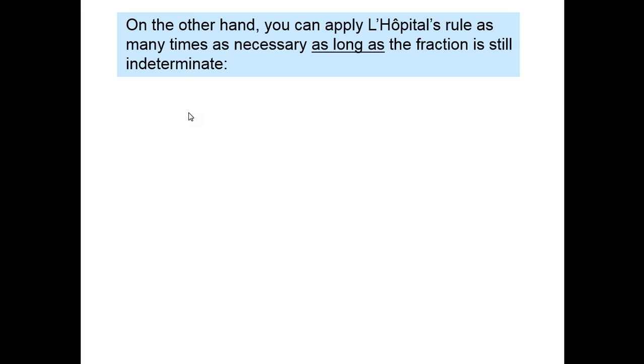On the other hand, you can apply L'Hopital's rule as many times as necessary as long as you're still looking at an indeterminate form. Take a look. We have the limit as x approaches 0 of this crazy expression over x squared. Observe that if you put in 0 for x, in the numerator you'll have 0, and in the denominator you'll have 0. So we have 0 over 0, so we're going to apply L'Hopital's rule.